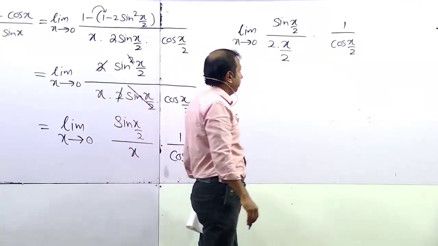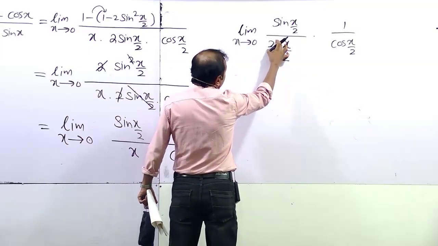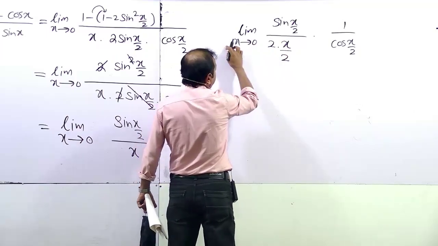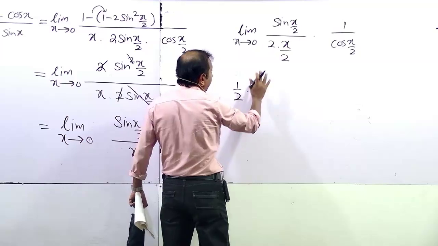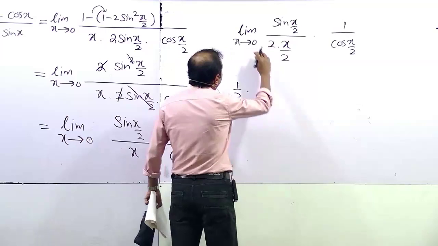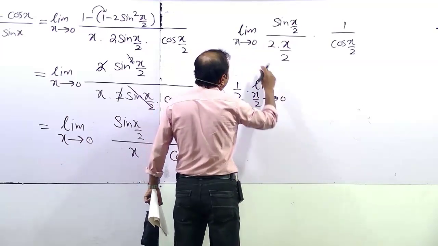Then what I do is this. I take this 2 out. Since it is in the denominator, it comes out as half, because it is constant. x going to 0 can't change its constant value. Now, limit x by 2 going to 0, I write in place of this. Why?